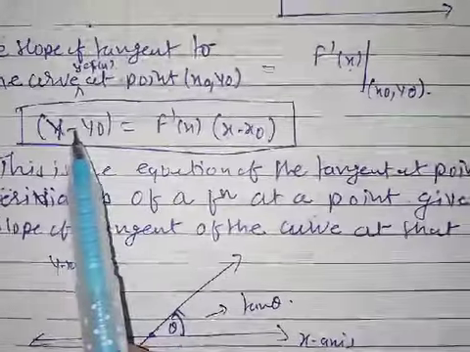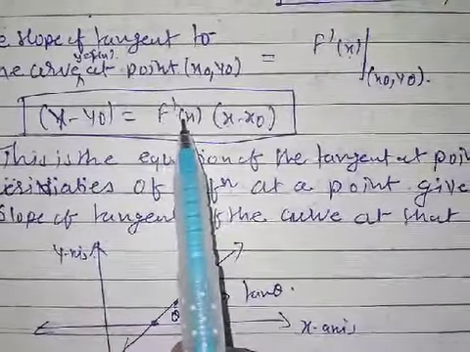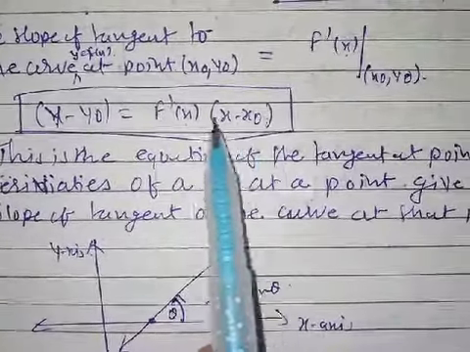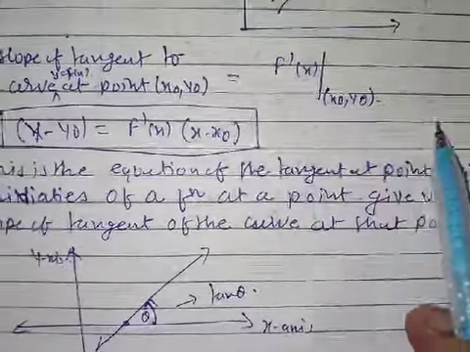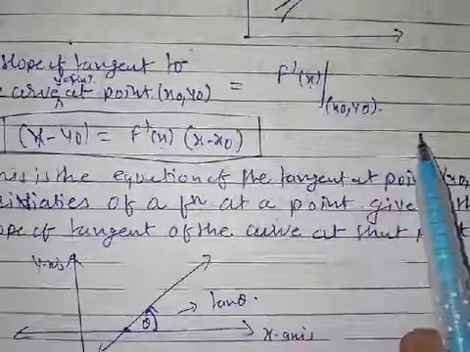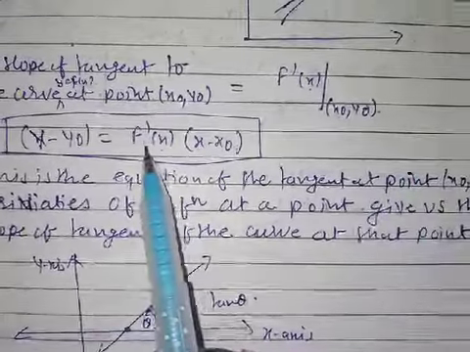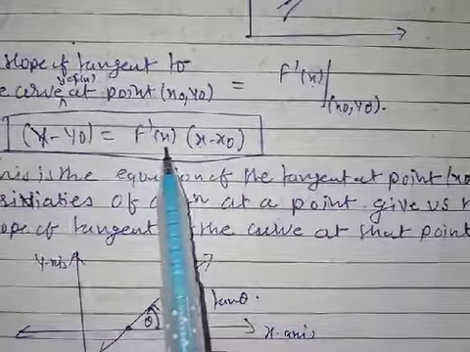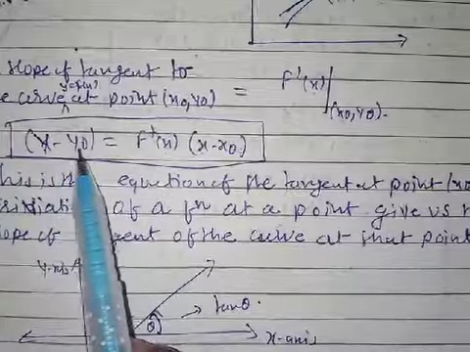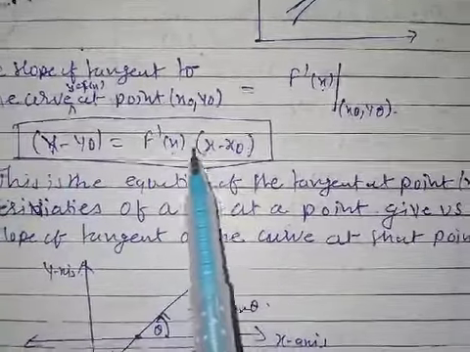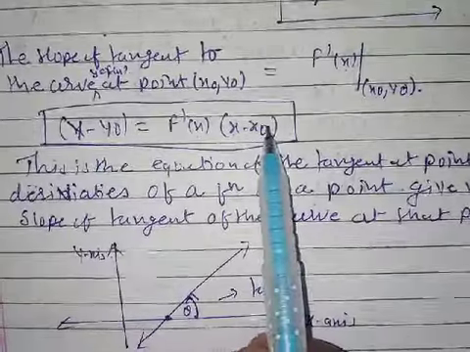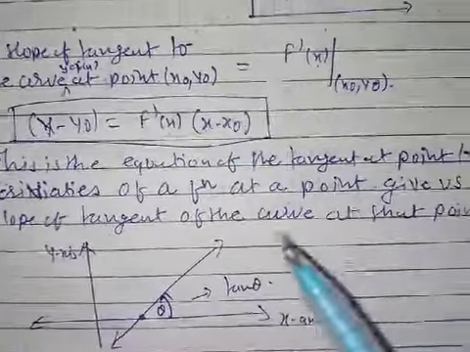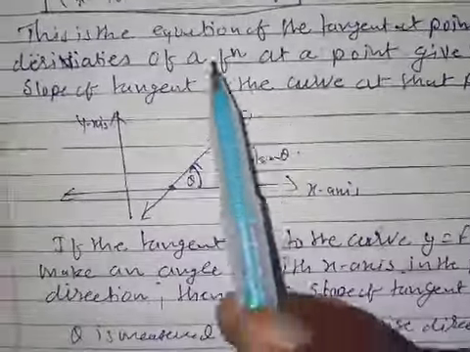So y minus 3 equals f dash of x, times x minus 2. Suppose the equation is x squared, so if you take the derivative, f dash is 2x, which means 4 at x equals 2. So you will be placing here 4. This is how the equation will be used. Doesn't matter, we'll take a lot of examples and we will understand.